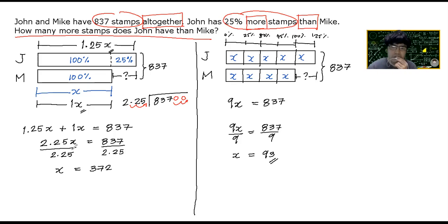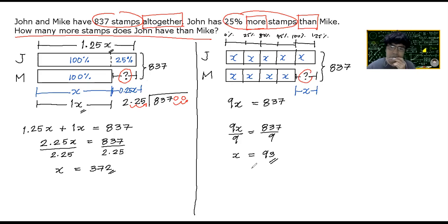Now, at first impression, our answer may seem different. But do not forget that the question itself is still the same. They are only different in representation. Now, if this unknown for the fraction is x, this is also represented as 0.25 of x.